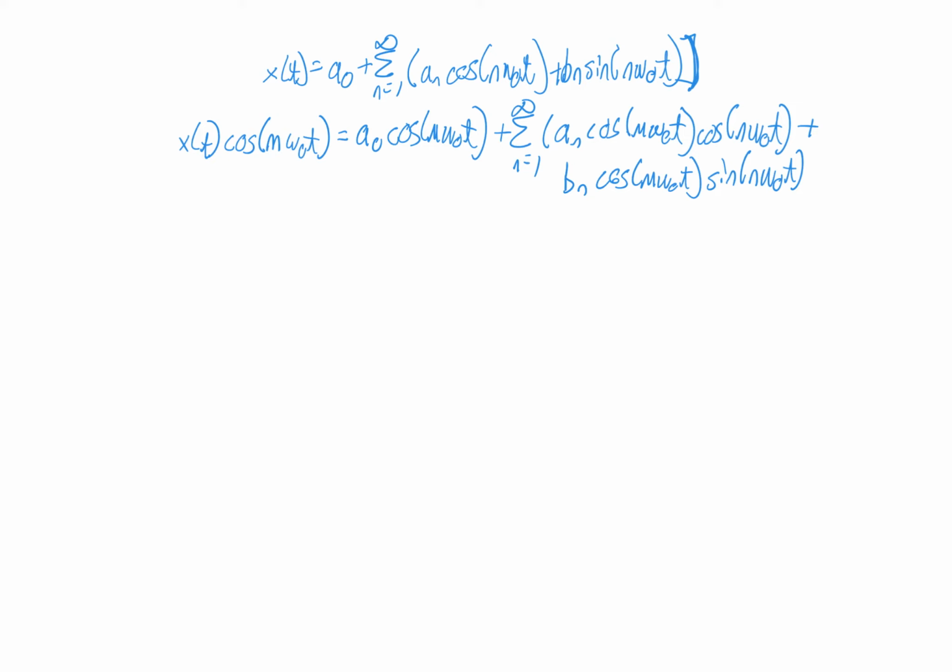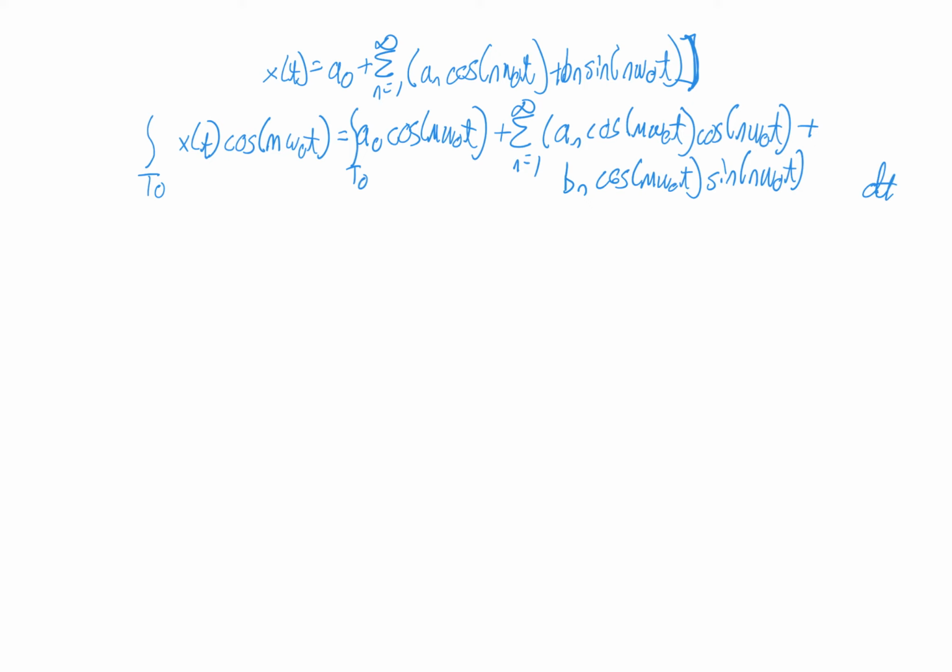Now what we're going to do is integrate both sides of this equation over one fundamental period. You can think of it as being from 0 to t0, but it could be any fundamental period, and we will get the same result. And I'll integrate also what is on the right side here.